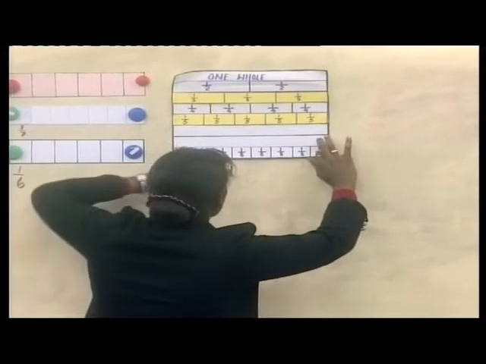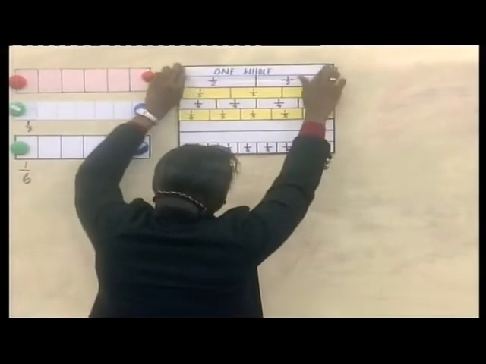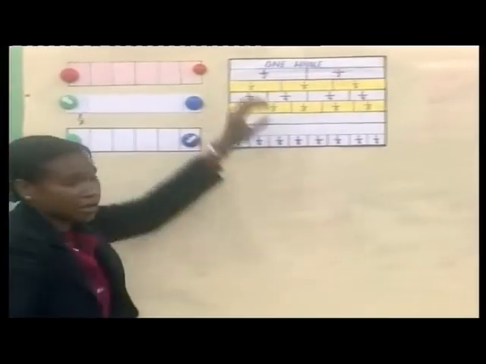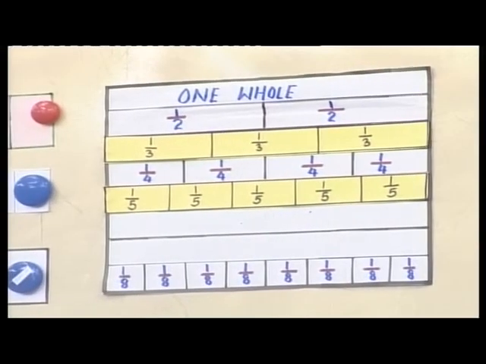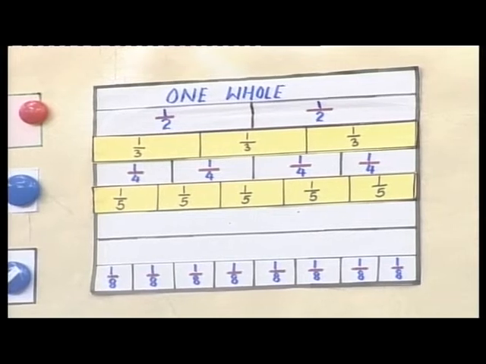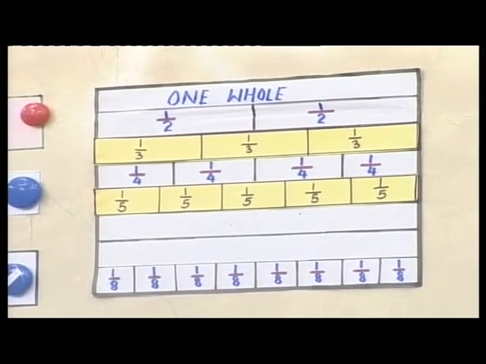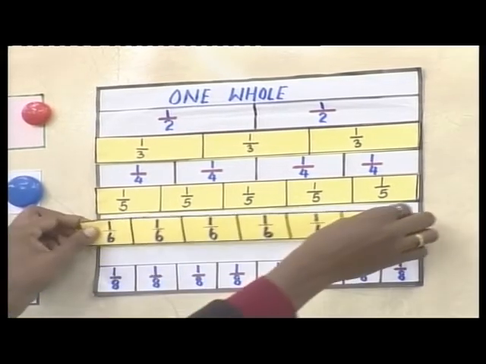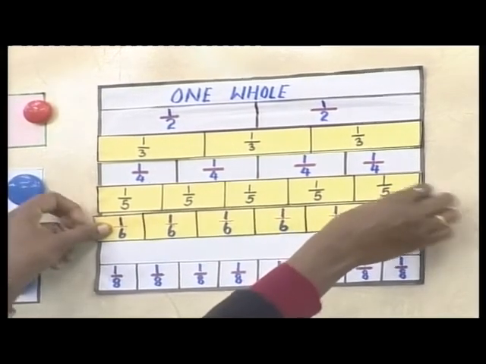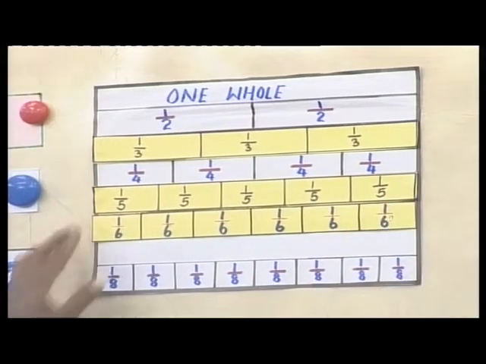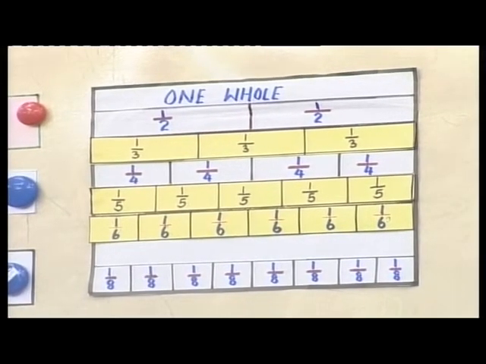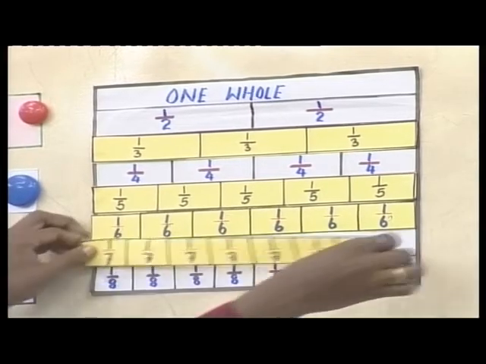Okay, in your previous lessons, these are the fractions that you have come up with. You did these 2 in your last lesson. Today, we have come up with diagrams representing 1/6, and also, what's the other fraction? 1/7.